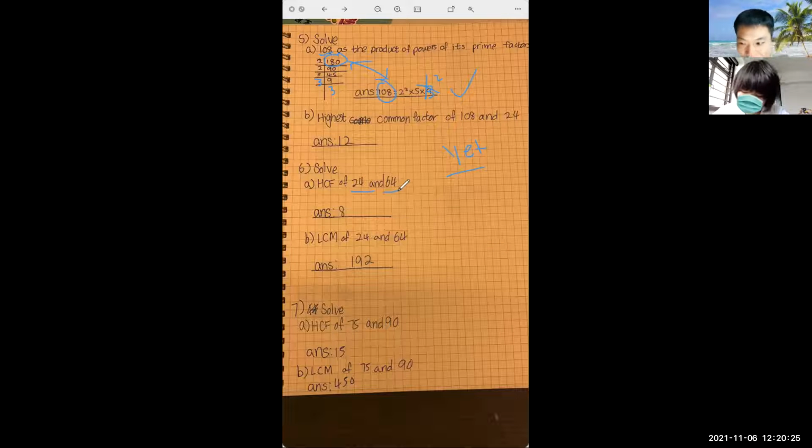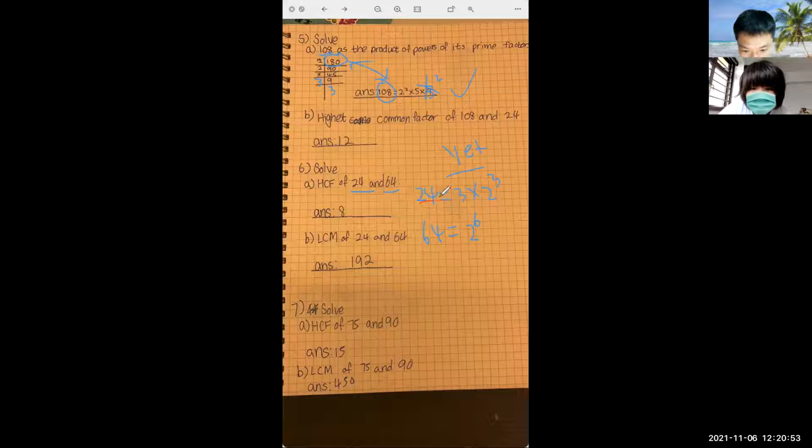Before you write down the answer, the first step you should do is to write down the prime factorization for these two numbers. So for 24, you have 3 times 2 to the power of 3. And then for 64, you have 2 to the power of 6. Maybe I should use a different color.